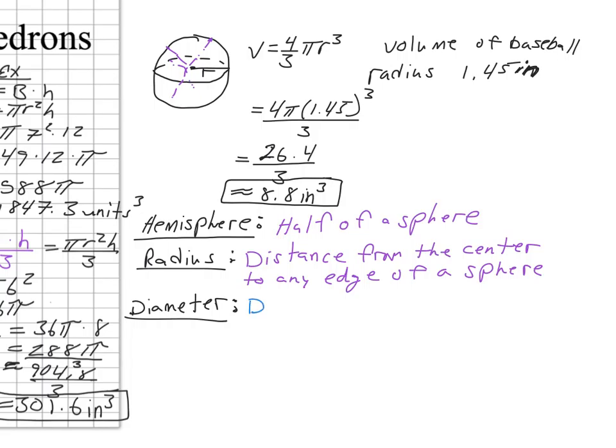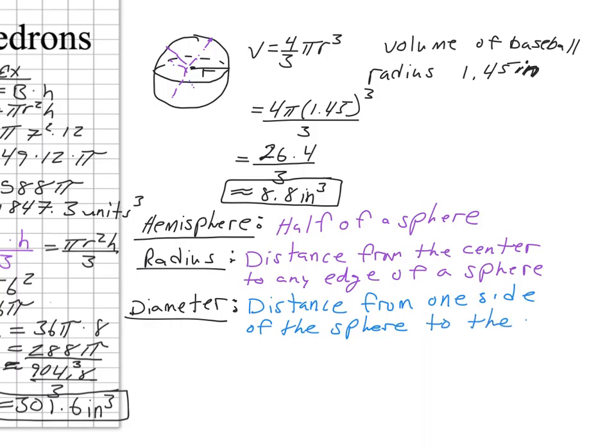Okay, the diameter of a sphere is the distance from one side of the sphere to the other. I'm going to say from one pole of the sphere to the other, but it has to go through the center.